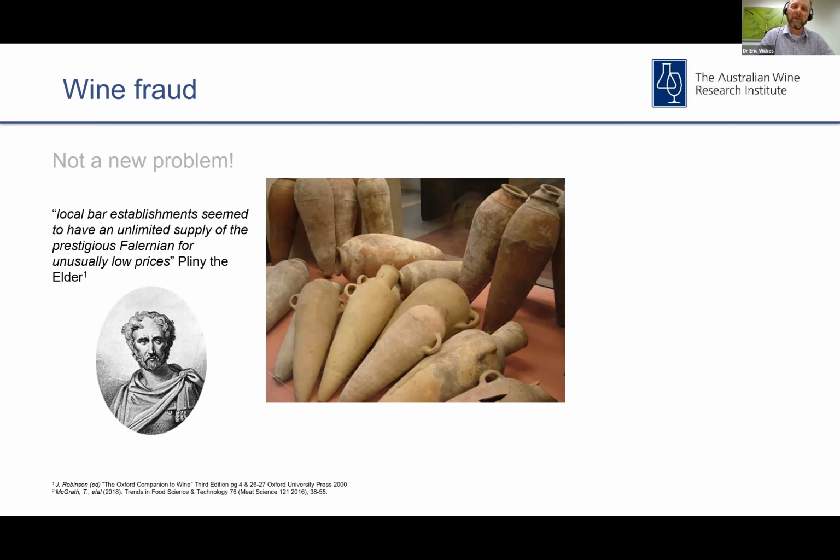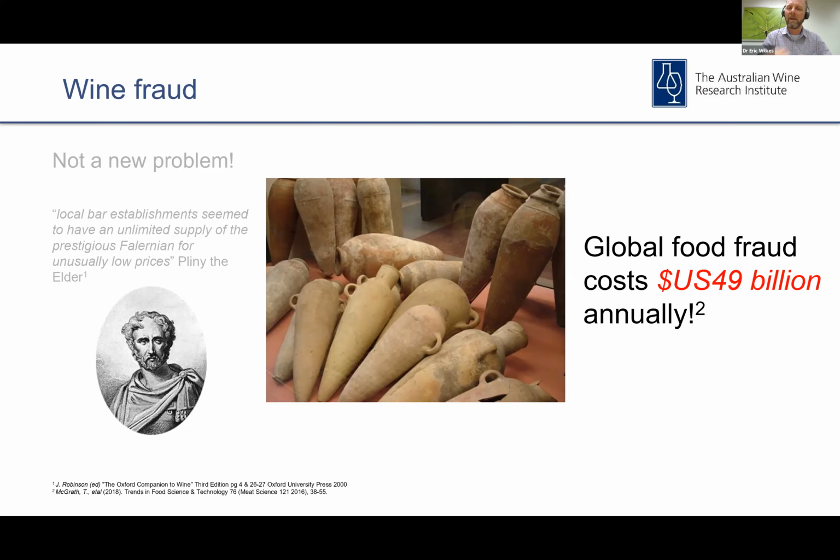It's something that's been around for a long, long time. And the way we approach it probably hasn't changed too much in some ways, but technology is driving us into different spaces. The other thing that we have to acknowledge is that food fraud in general is a massive issue.